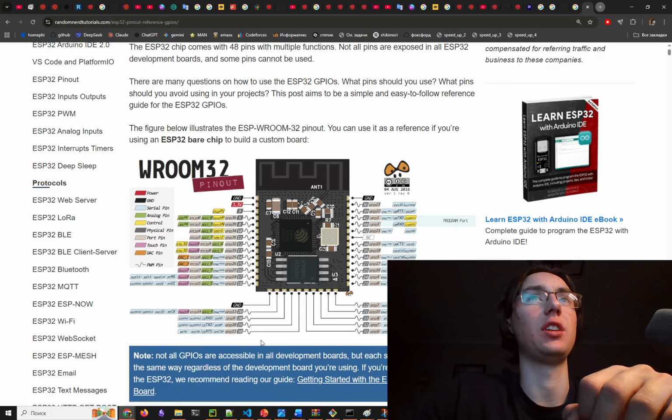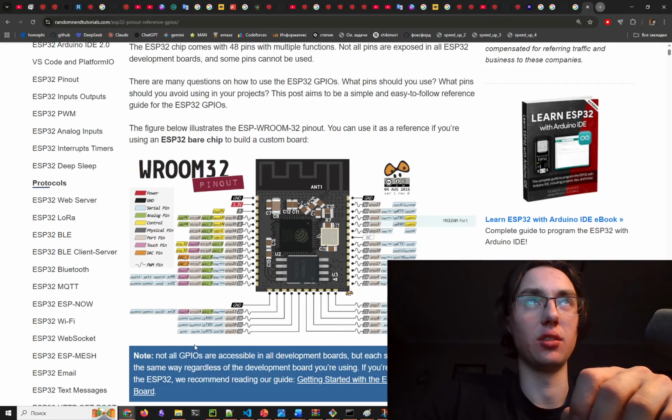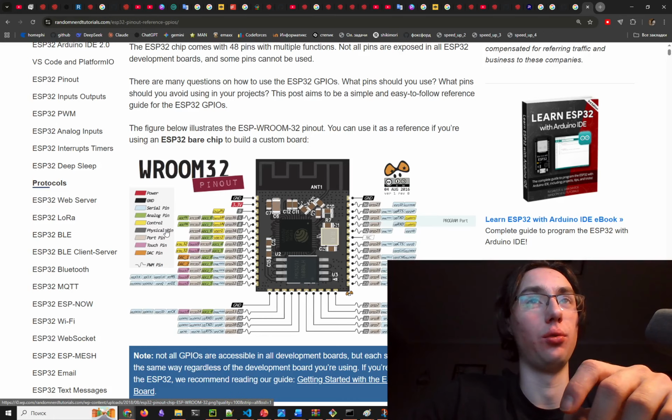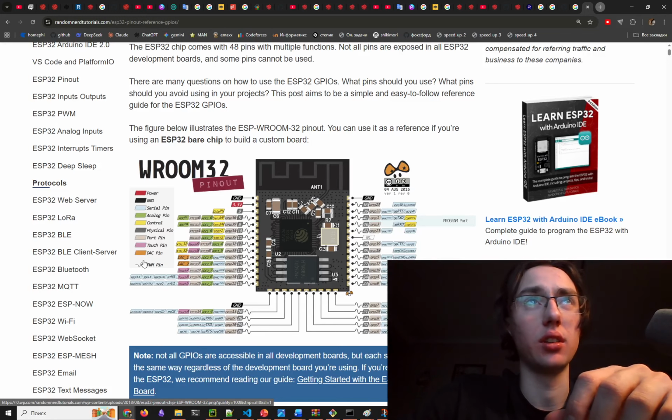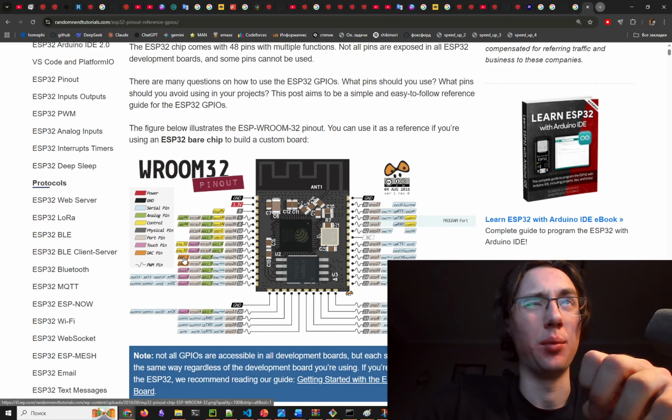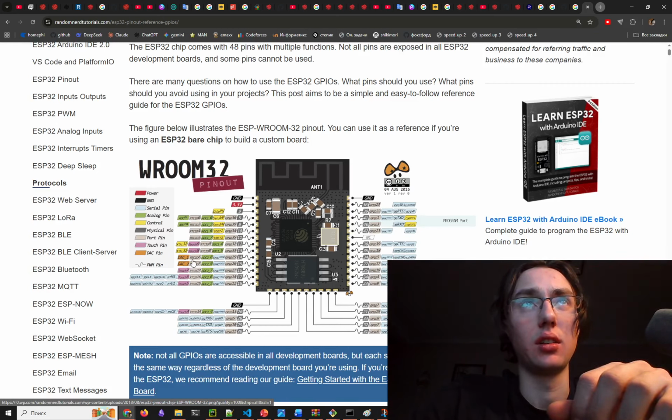It actually tells us only the different features of each pin, not how the signal goes there. There's a DAC pin, for example. Does that mean this pin can take a digital signal and convert it to analog, or is it just outputting the analog signal?